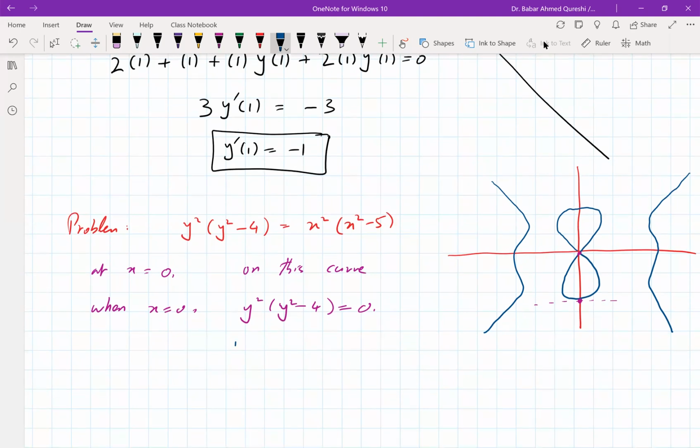So that tells you that either y is 0 or y square is 4, that is y is plus or minus 2.